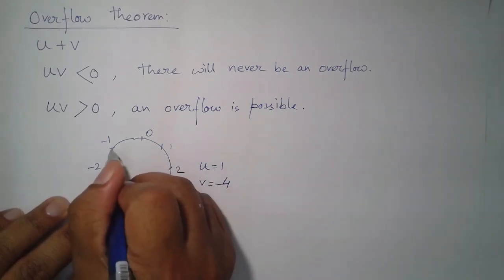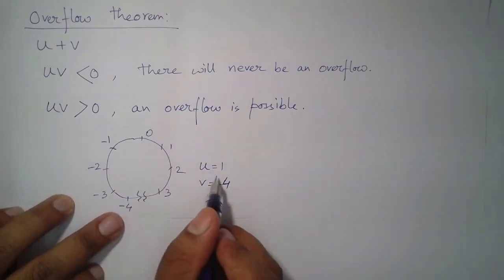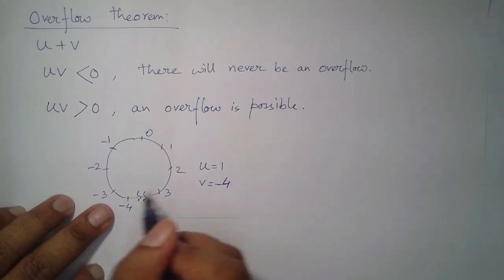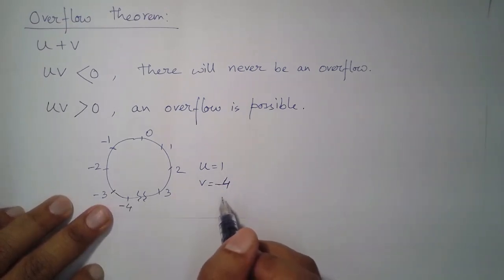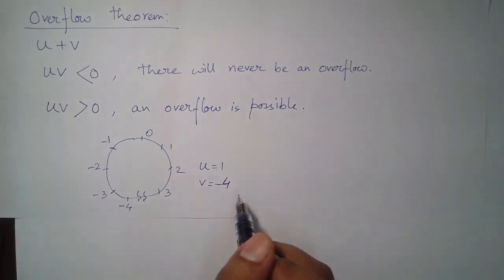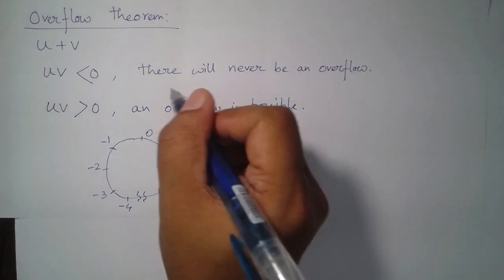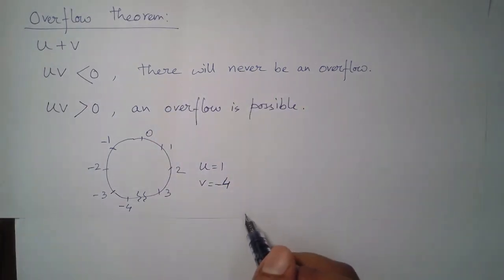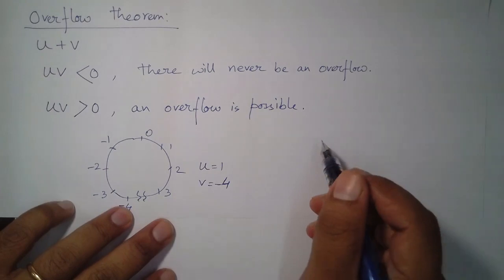So if I add these two numbers, -4 with u, then it is -3, so there is no overflow. So there is no problem. So basically it proves the point that there will never be an overflow if u v is less than 0.